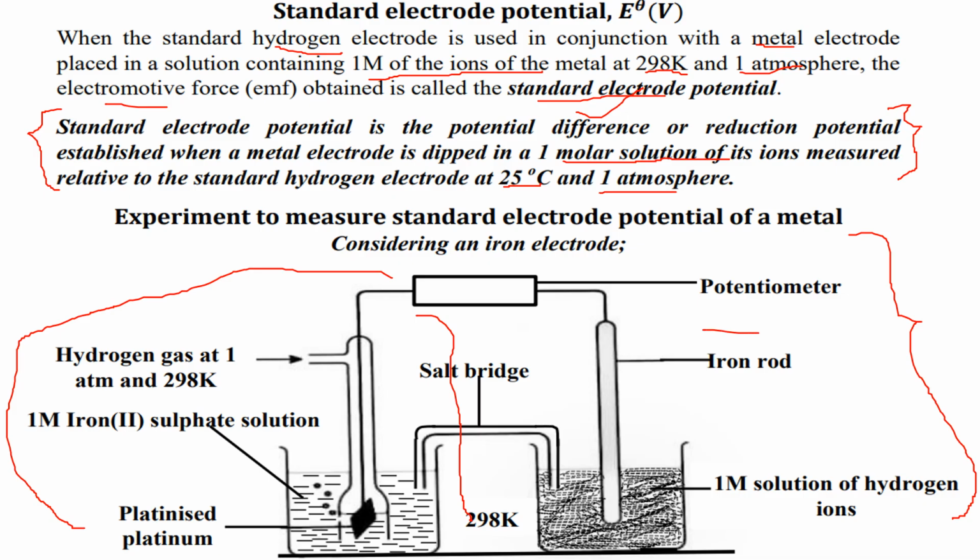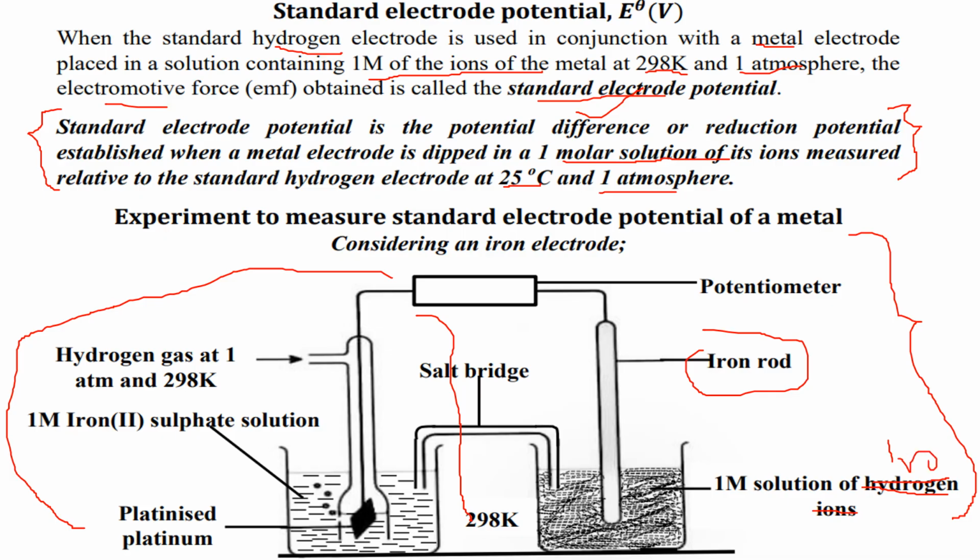So this is the iron rod. The iron rod must be dipped in 1 molar concentration of its ions. So there was a mislabeling. This is not supposed to be 1 molar solution of hydrogen ions. It's supposed to be 1 molar solution of iron(II) sulfate.